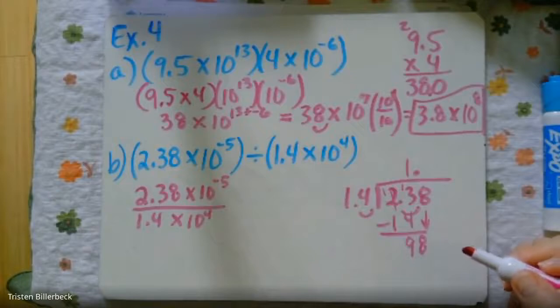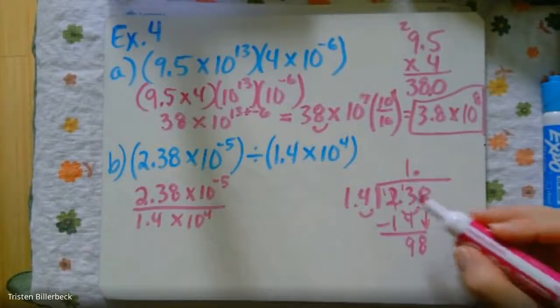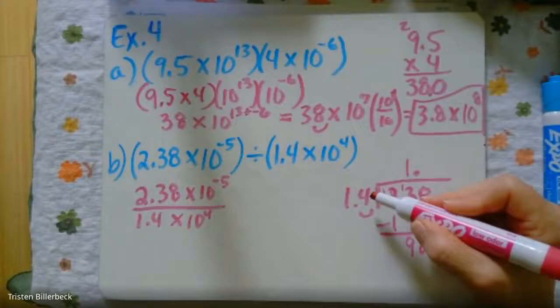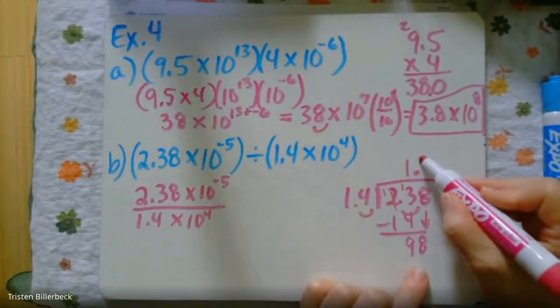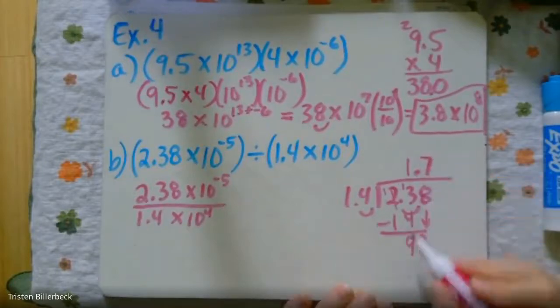Let's hope for an even number here. Well, we could say how many 15s in 90. 15s in 90, so there's 2 and 30, there's 3, so there's 6. So let's say 7. Let's guess 7. 7 times 4 is 28.